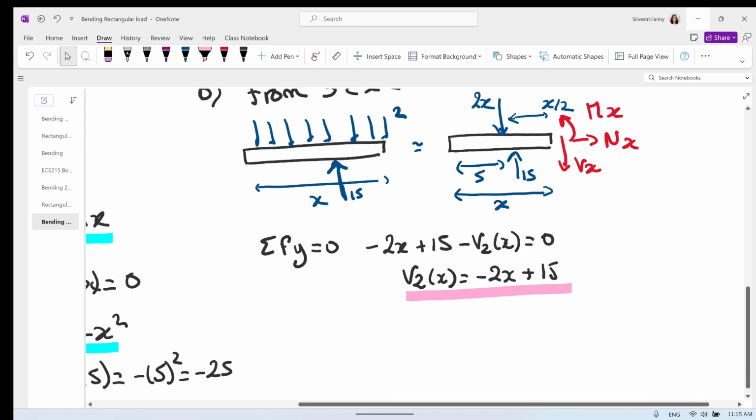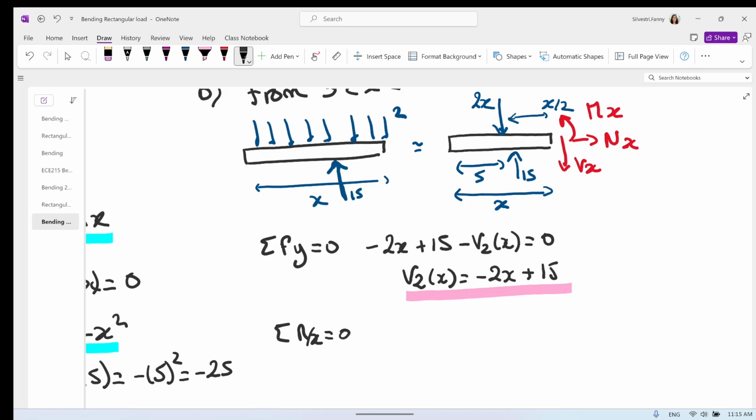And we can now do the sum of the moments about, let's say, x equals 0. So we are about that point. The 2x creates a positive moment times the distance x divided by 2. The 15 creates a negative moment, so minus 15. And this distance there is x minus 5.